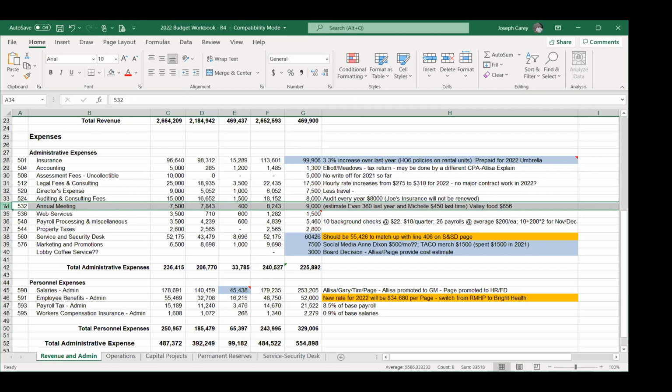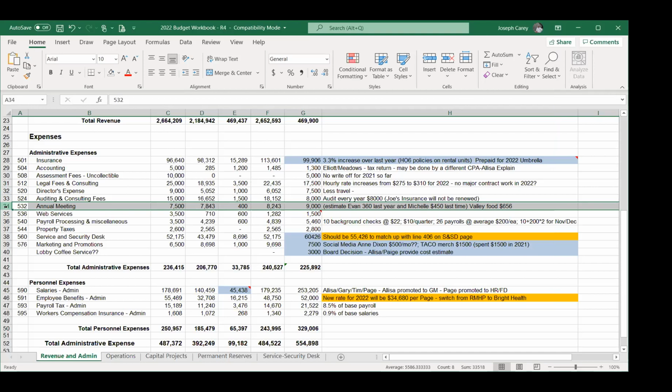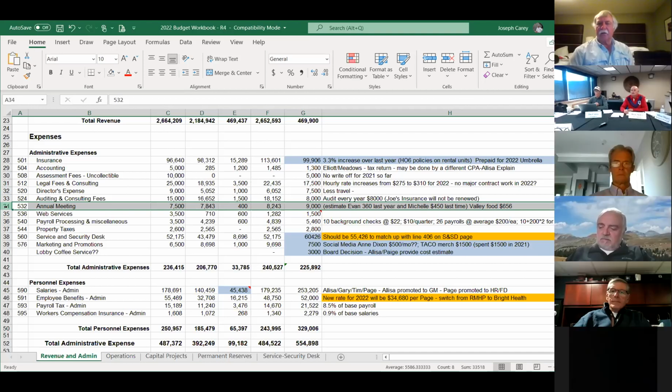Is John Niebling still on? Is he still there? John's iPhone is a blank screen, so I don't know if he's still there. He said he'd be stepping out during the meeting, so I was gonna ask him.